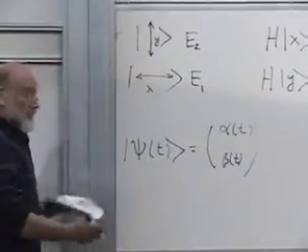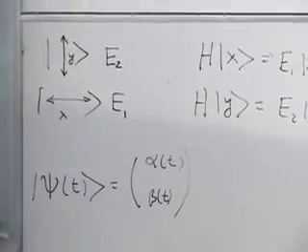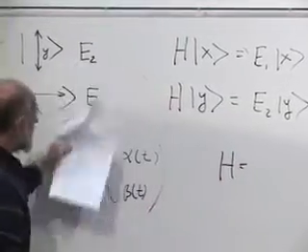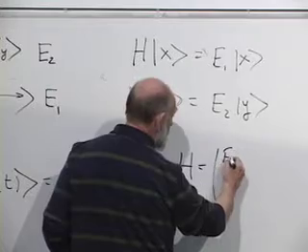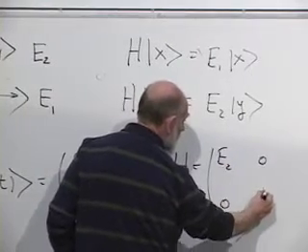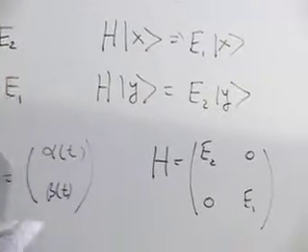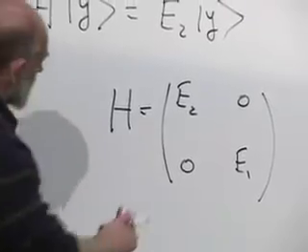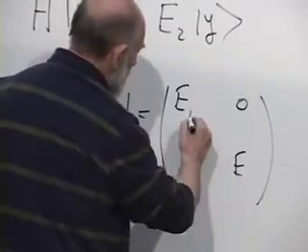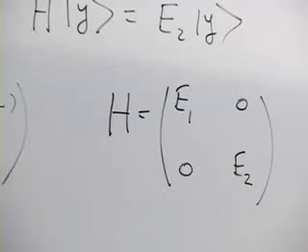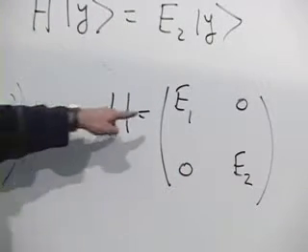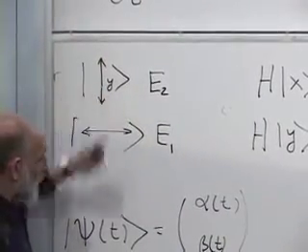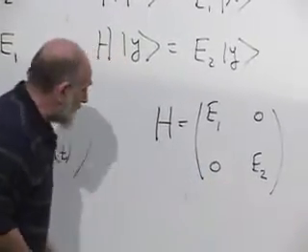First of all, let's write out the matrix that's identified with the Hamiltonian. The matrix that's identified with the Hamiltonian is very simple. It's E1, 0, 0, E2. It has eigenvectors x and y with, oh, that's wrong, E1 and E2. The two eigenvalues are E1 and E2, and the two eigenvectors are just x and y, and here it's displayed in the form of a matrix.